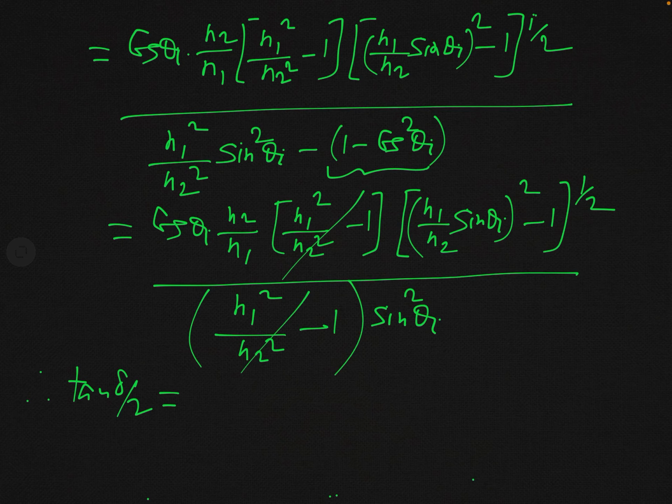This result will be actually equal to what? Therefore, you can see that tan delta by 2 is equal to, here n1 by n2 whole square, if it is taken as a common factor, then after taking it outside from the square root, it will be n1 by n2, and that n1 by n2 will cancel with this n2 by n1.